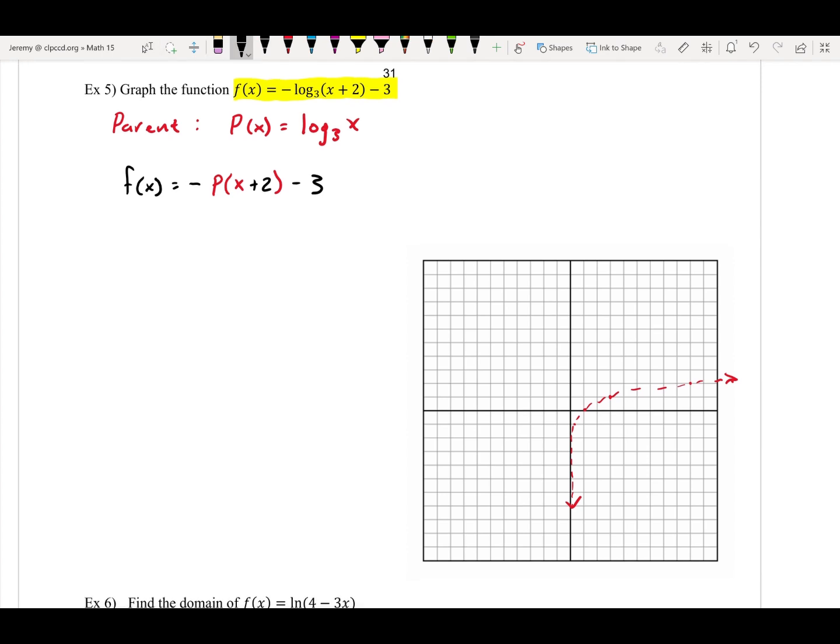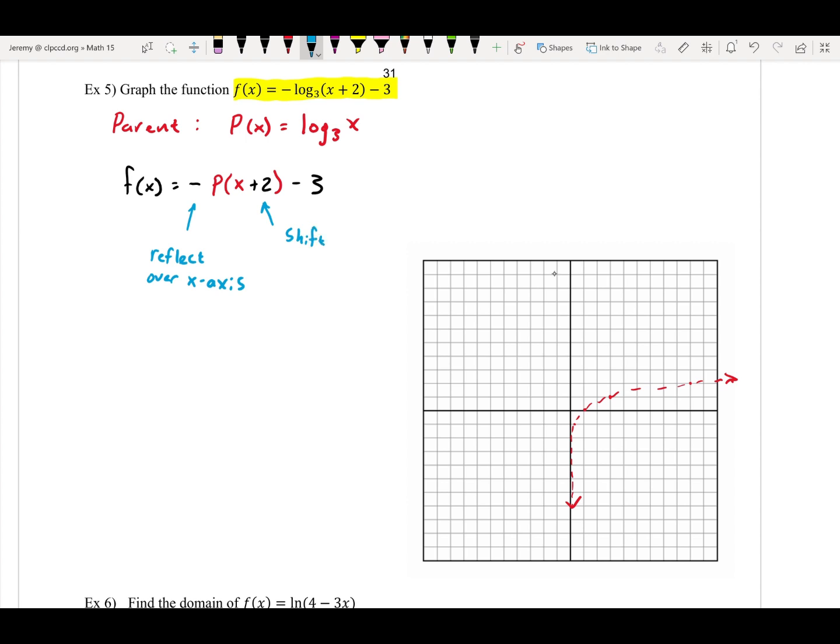Okay, so given what I know about transformations of functions, we've got a couple things going on here. This right here is a reflection over the x-axis. Remember, whenever we have a +2 on the inside of the parent function, this is a horizontal shift, particularly 2 units to the left.